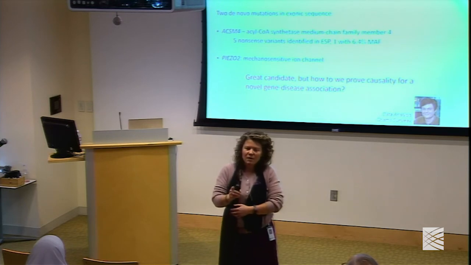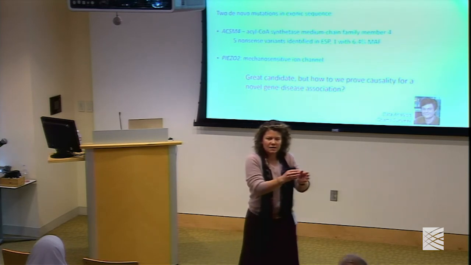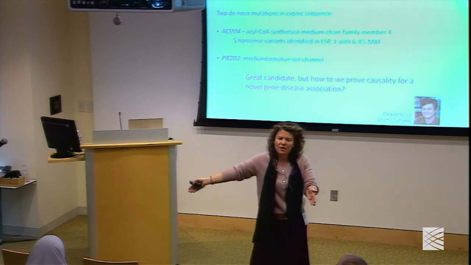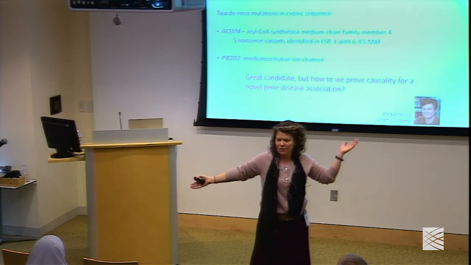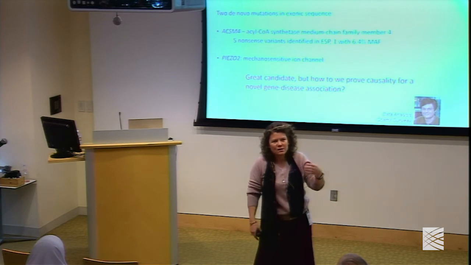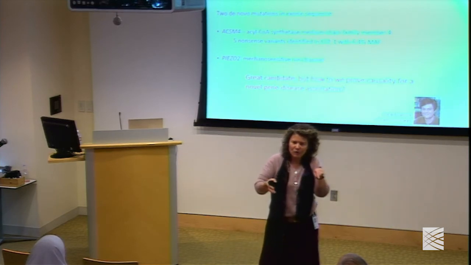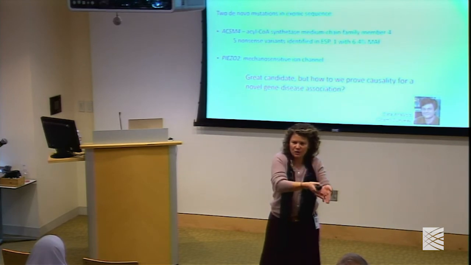But it is a separate leap to say that disruption of a mechanosensitive ion channel therefore causes distal arthrogryposis type 5. There are some phenotypes where the biological impact is a closer argument to the gene function.